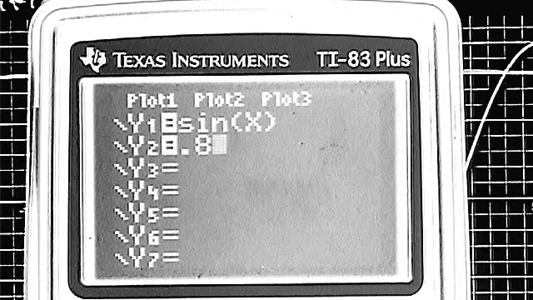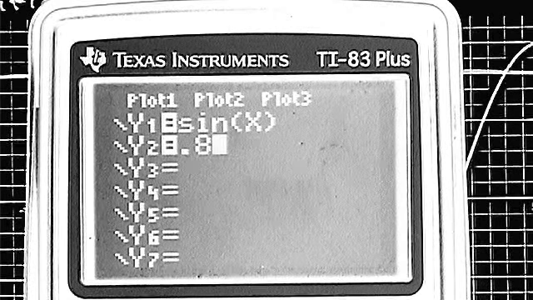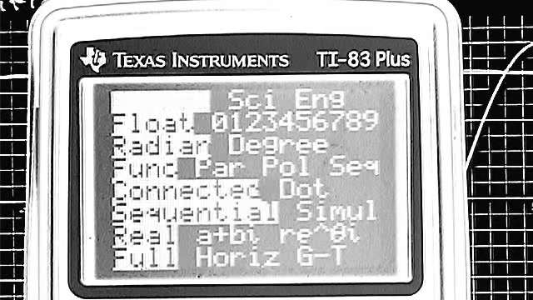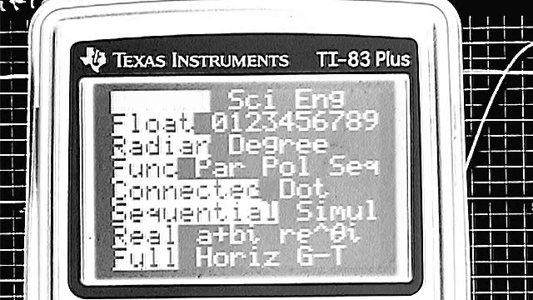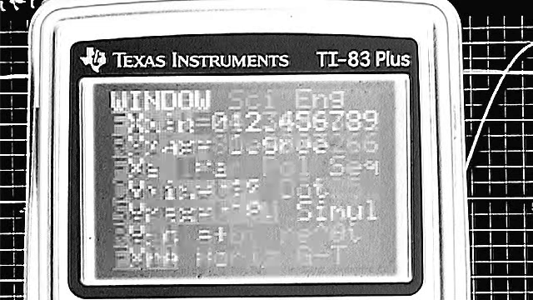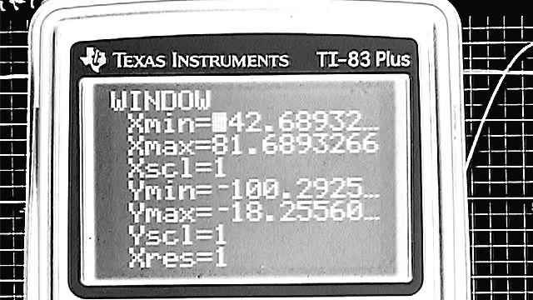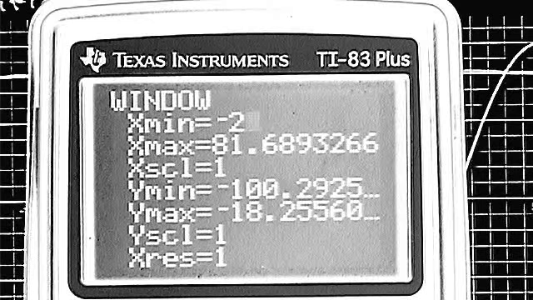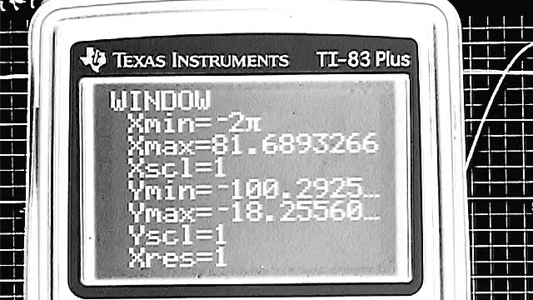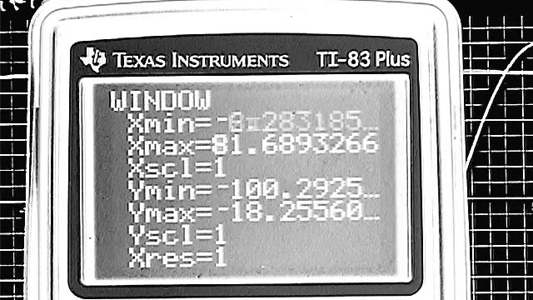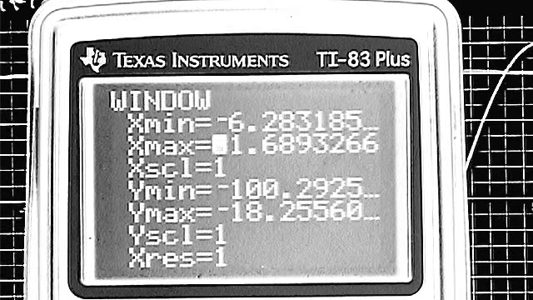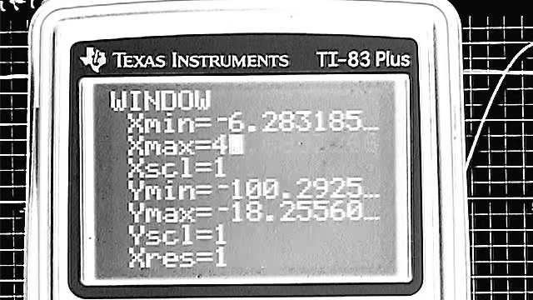Now we know that we want our calculator to be in radian mode, so let's double check our mode. It's in radian mode, okay, that's good. We want the window to go from say -2 pi, pi is above the little caret symbol, all the way to maybe 4 pi.